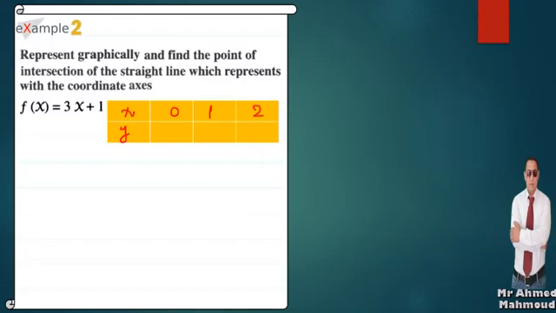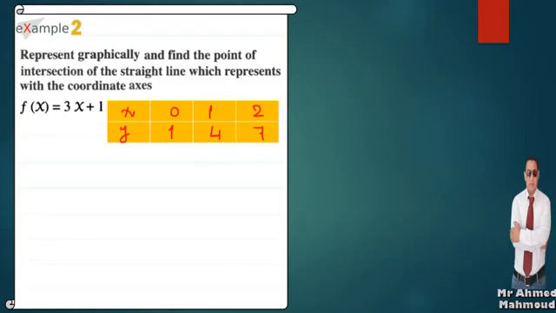You can write any numbers, but 0, 1 and 2 are the easiest points, so I'm going to use 0, 1 and 2 forever in the first degree equation. Here at x equals 0, 3 times 0 plus 1 equals 1. At x equals 1, 3 times 1 plus 1 equals 4. And 3 times 2 plus 1 equals 7.